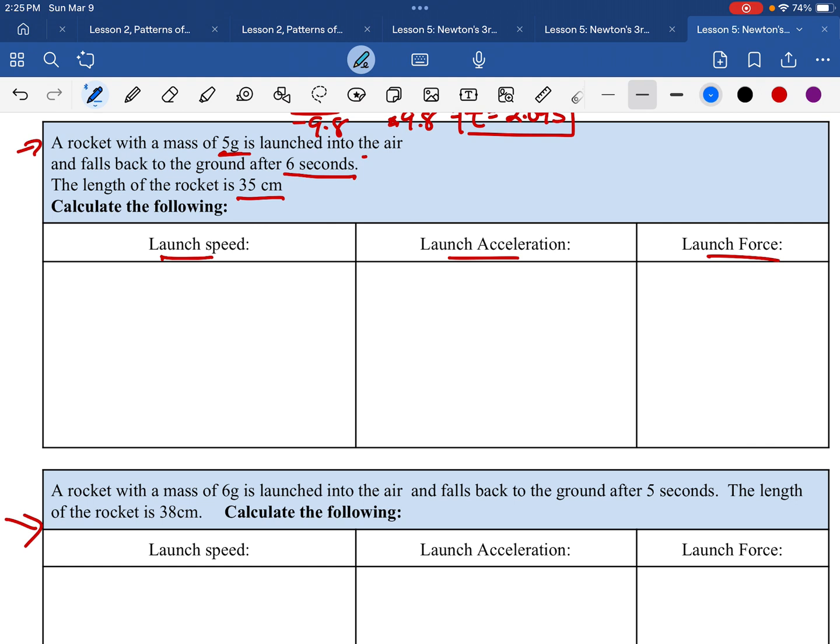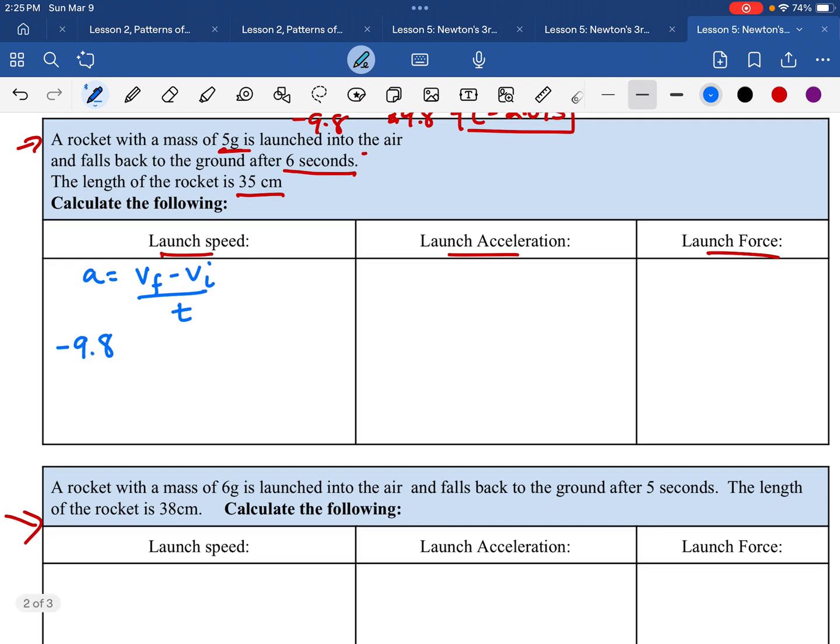All right, launch speed. We just have been doing that. That's where we're going to use this: acceleration equals final velocity minus initial velocity over t. We know that the acceleration is going to be due to gravity. That's what's going to make it slow down, eventually stop, and then come back to Earth. So it's going to be negative 9.8 meters per second squared.